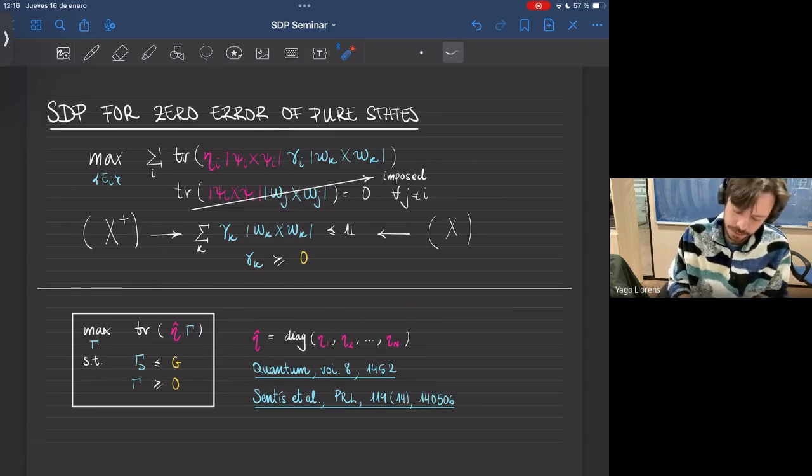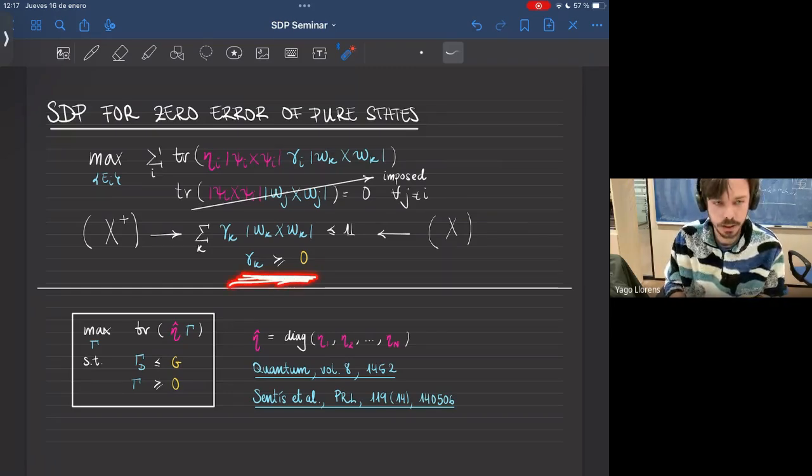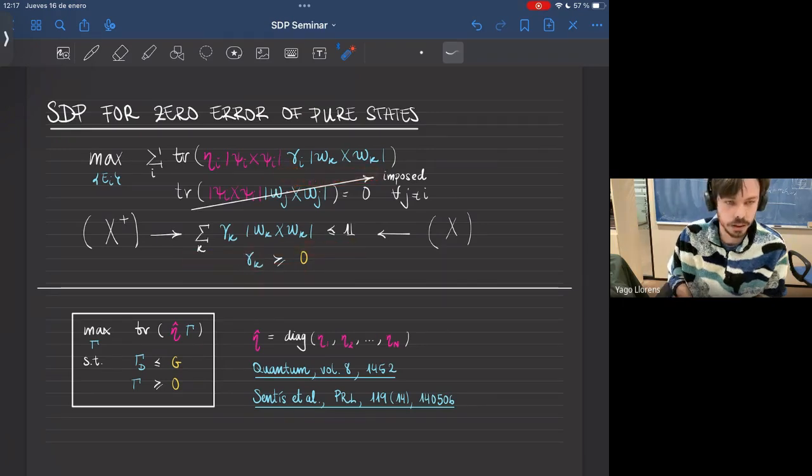We have the maximization over all possible POVM elements of the form that we had before, subject to this being equal to 0, but this is already imposed by construction, and that these elements are positive, since the POVM elements are projectors of this form with a scalar, so this has to be positive, and that this sum is less or equal than the identity.